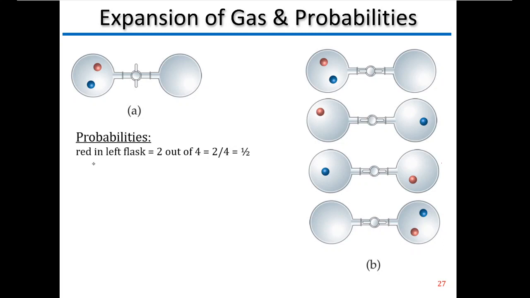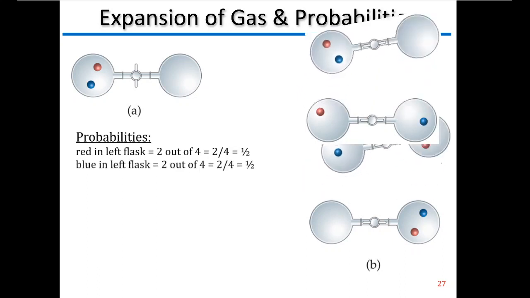If we look at only those that keep the red molecule, or the red atom you could say, in the left flask, we have this one and we have this one. So 2 out of the 4. Our probability of finding the red particle in the left flask, or left bulb, however you want to say it, would be 2 out of 4, or 1/2. So 1/2 of the time, the red particle can be found on the left side.